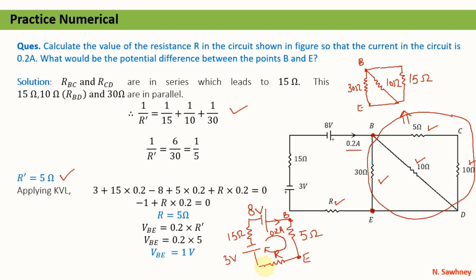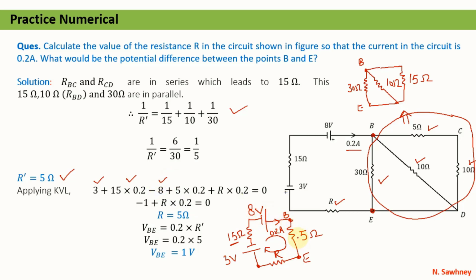So let us start from here. It is plus 3, the first terminal is positive, so it will be plus 3. The current direction is the same as we are traveling, so 15 times 0.2, that is the potential difference across the 15 ohm resistor. Now we will come to minus of 8 volt.